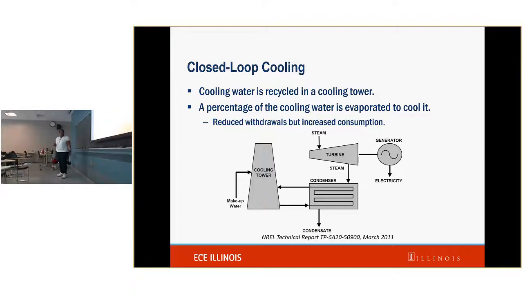That'll lower the temperature of the water if you do thermodynamics. And then you just take in a little bit more water to make up for that evaporated water. And so it reduces the withdrawal significantly, but it increases consumption. And consumption is just defined as how much water you lose to evaporation. So it's less withdrawals, but it's more consumption.